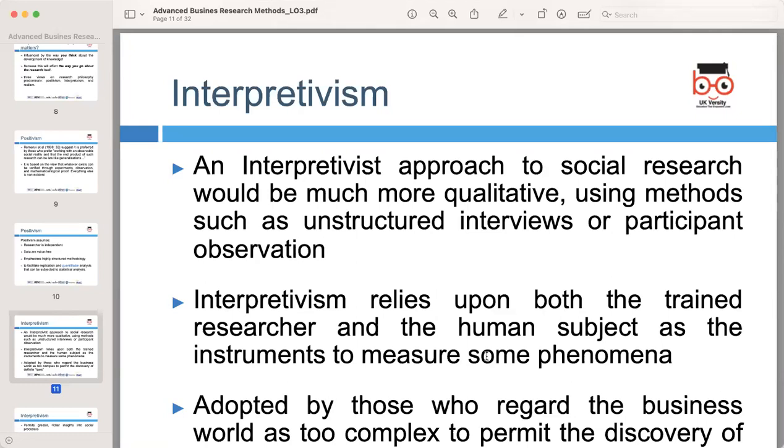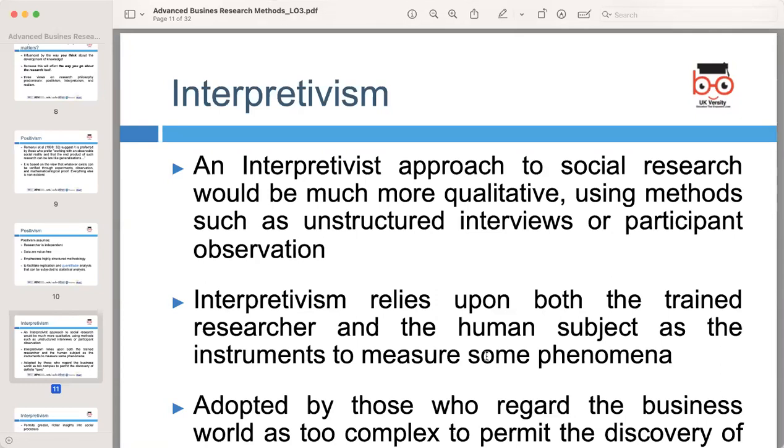One key aspect of interpretivism is recognizing that both the researcher and the human subjects are instrumental in the process of measuring and understanding phenomena. The trained researchers act as instruments of inquiry, bringing their knowledge, skills, and expertise to the study. Meanwhile, the human subjects are also considered instruments as they provide valuable insights and interpretations of their experiences.